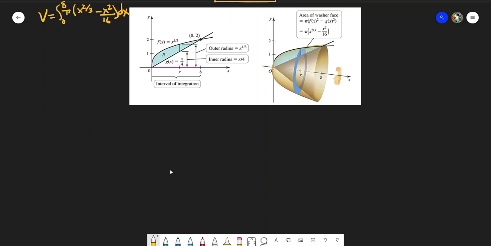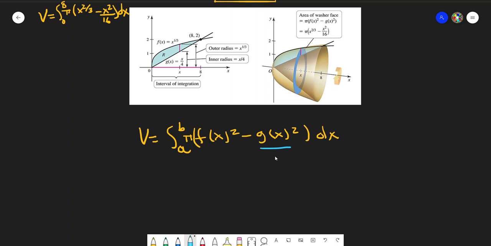The last thing I want to point out is that, with respect to the volume from a to b, if you're looking at the washer method per se, and let's say g of x is equal to 0, then the volume is the integral from a to b of pi f of x squared dx.